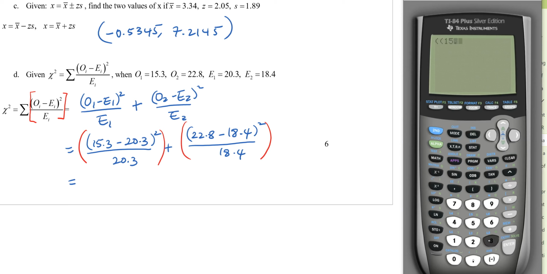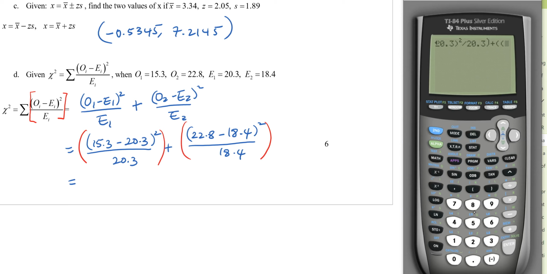So 15.3 minus 20.3, quantity squared, divided by 20.3, and close. That's the first fraction, plus the second fraction. That's the big parenthesis here.